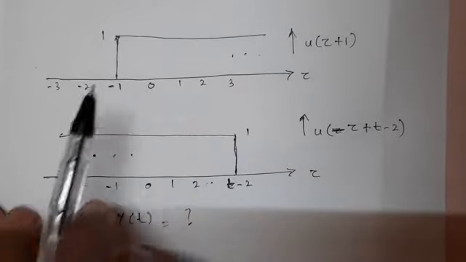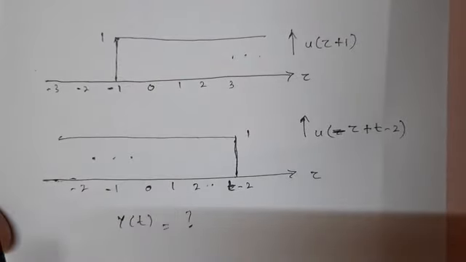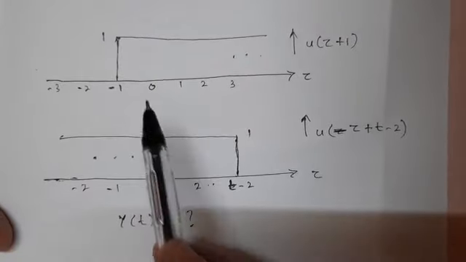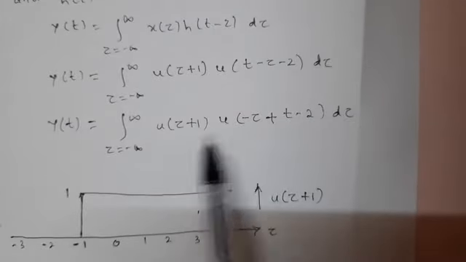So one signal we have to keep constant, and the other signal we have to shift. Previously, as I told, what you are basically trying to do is multiply two signals.